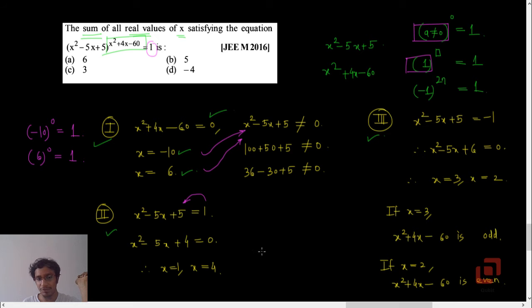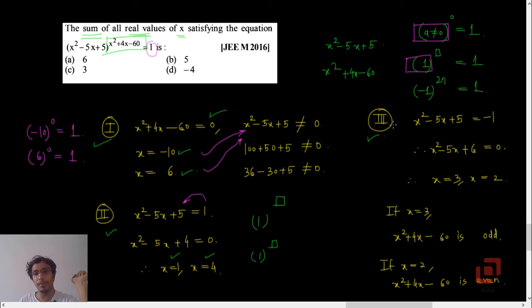There is no need to now check for 1 raised to whatever number that you are going to get here, because x squared plus 4x minus 60 is a finite quantity for x equal to 1 and for x equal to 4. So now we have got two more real values of x satisfying the given equation. They are 1 and 4.